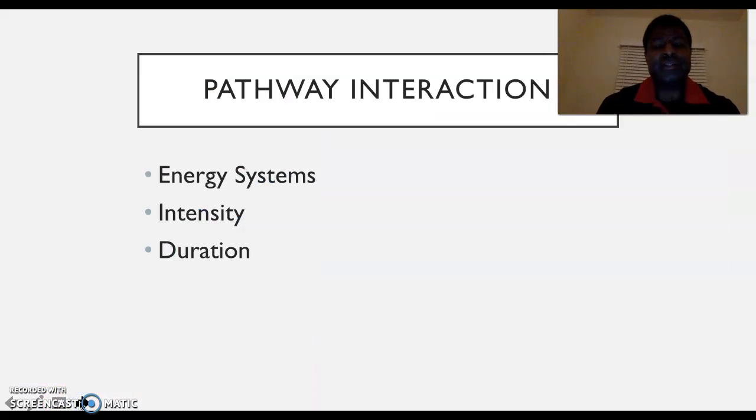So, pathway interaction. A little bit about energy systems. Basically, there are two that are used from fat and glucose, or carbs. The first one is aerobic metabolism, which is with oxygen, and the second is anaerobic, which is without oxygen.